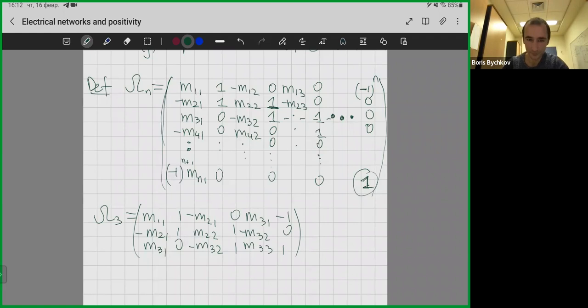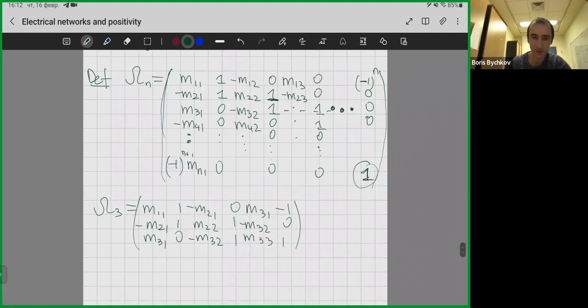Yeah. So we just define this matrix, and the theorem states that, it's not hard to see that the rank of this matrix is equal to n minus 1.